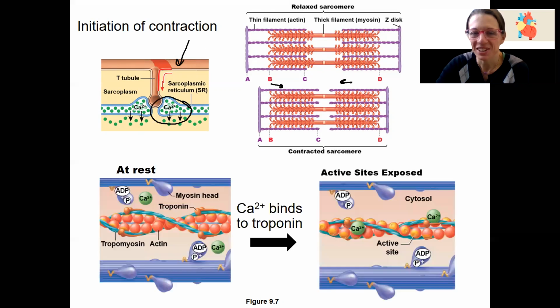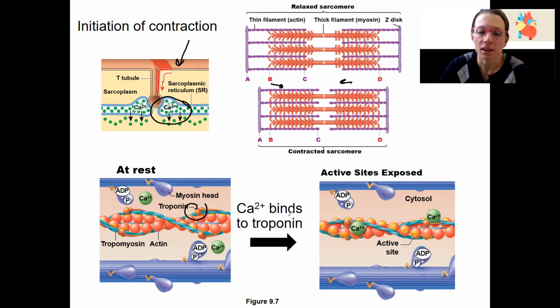And as a reminder here, when calcium is released, calcium is going to bind to troponin and cause the myosin heads to be freed so that the myosin heads can start their cycling.